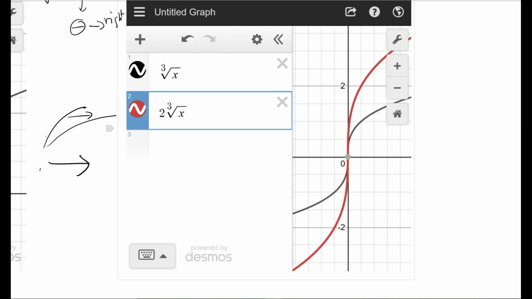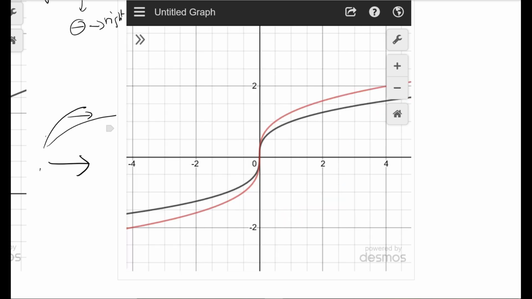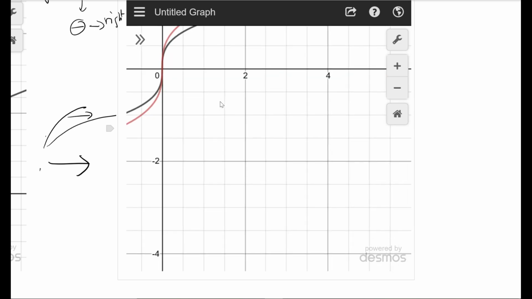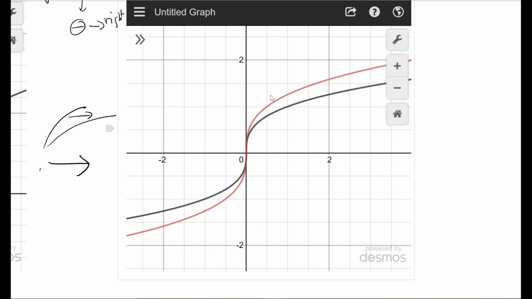Now if I do this to, for example, the x, if I multiply the x by 2, then look what happens. The graph actually gets compressed by a half. So instead of being multiplied by 2, it's actually being divided by 2. And I'll show you why that is. If you look at the x value here, the x value is 1, right? 1 comma 1.